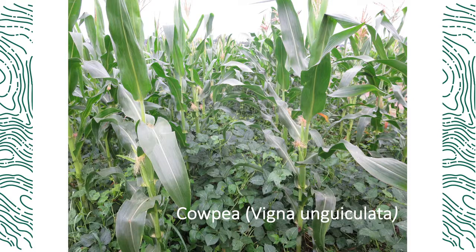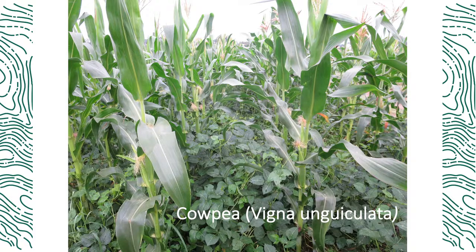Cowpea, commonly grown throughout sub-Saharan Africa, but the varieties of cowpea that have been promoted, I think, from most breeding programs on the continent have not been the kind of cowpeas that cover soils effectively. They've been more early maturing, small statured cowpea varieties.